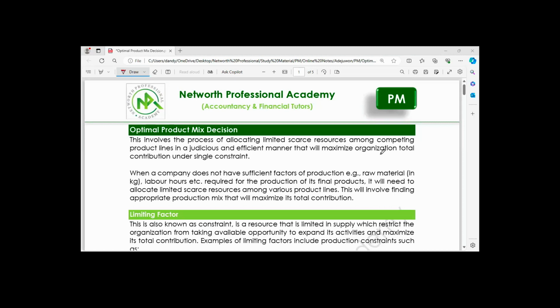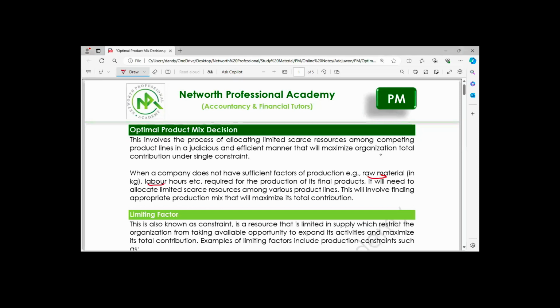However, optimal product mix is used, like I said earlier on, when there is only one factor of production. Remember, when you talk about factors of production, we are talking about raw material kilogram, okay? We are talking about labor hour. We're also talking about machine hour.